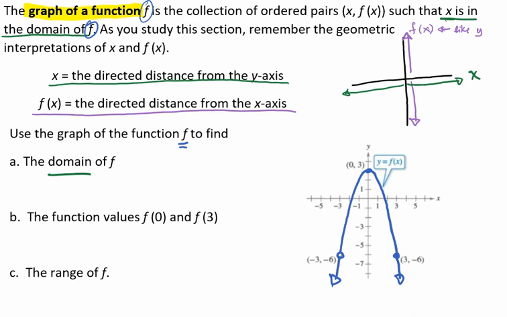So really, this is kind of like all real numbers, except that we have this open dot right here. This open dot means that there is a hole in our function. It's telling us that when x equals -3, that -3 is not in our domain.